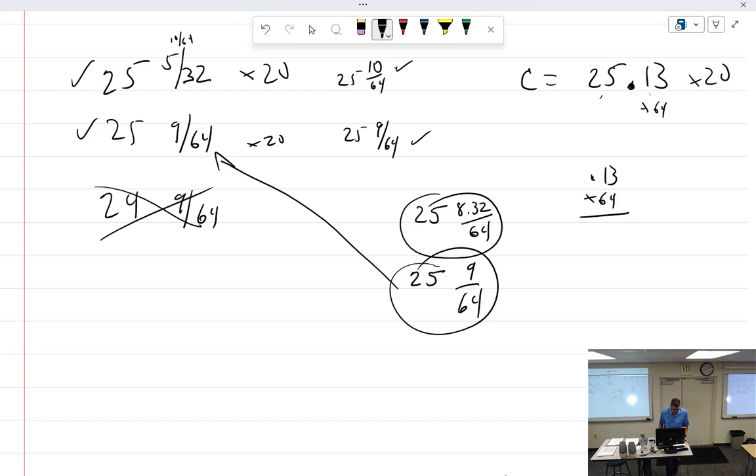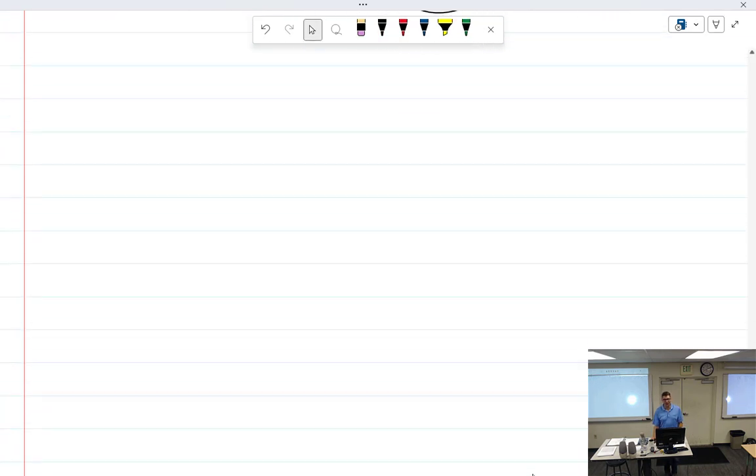So 25 and 9/64 is a good answer. The other one is 5/32, which is 10/64, which is 1/64 of an inch too big. And if you are that good at sheet metal, you are way better than me.